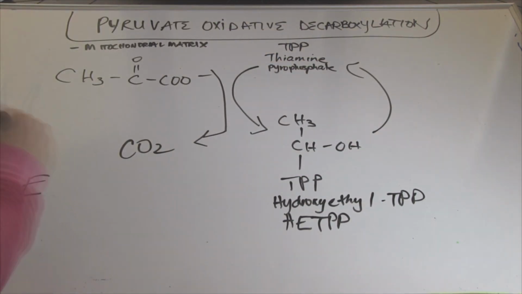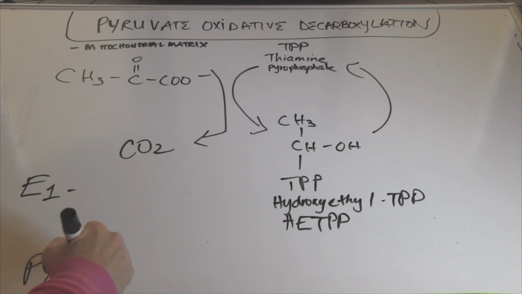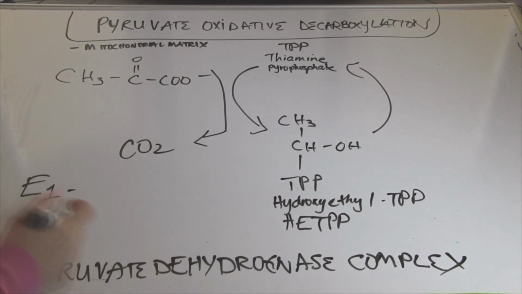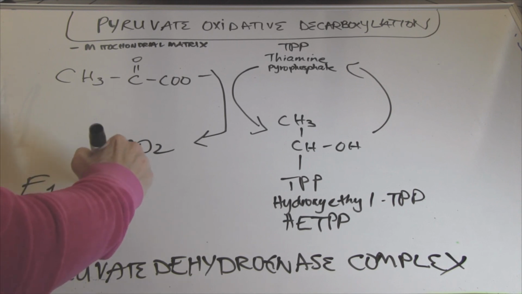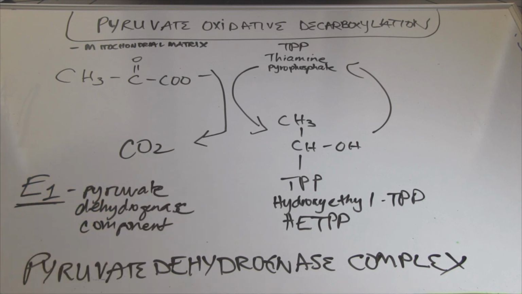This happens in the first enzyme of the pyruvate dehydrogenase complex. E1 is pyruvate dehydrogenase component, which is the first enzyme of a series of 5 enzymes that are in the pyruvate dehydrogenase complex. So this is, we'll say, step 1, enzyme 1.